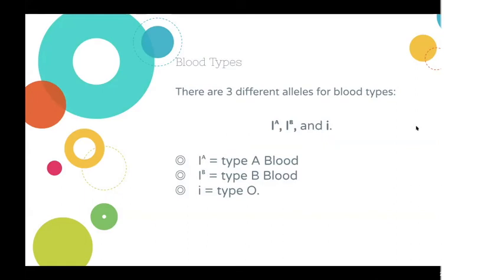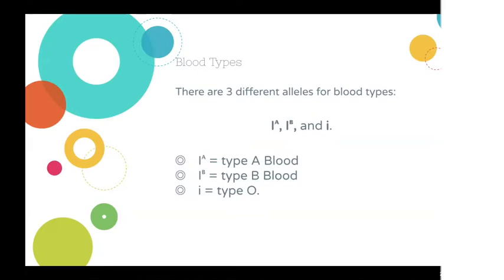Unlike everything else we learned so far, blood types actually have 3 different alleles: an I with a little a on top, an I with a little b on top, and a lowercase i. As I mentioned last seminar, the letters could be whatever you want for a Punnett square, but that is different when calculating blood types.